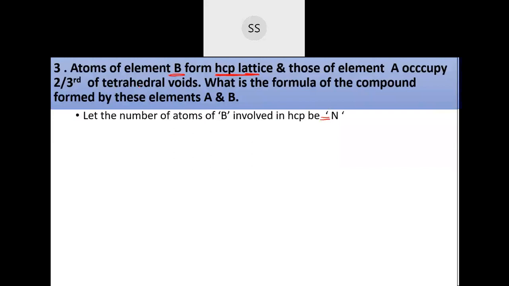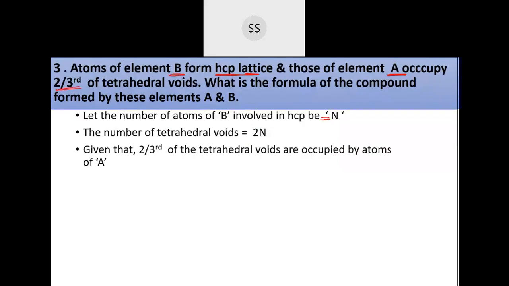And you know, if there are N atoms, how much is the tetrahedral void? The number of tetrahedral void is 2n. But now here they are saying 2/3 of it is occupied. So that means not fully 2n is occupied, only 2/3 of 2n has been occupied. What they have given you is that only 2/3 of the tetrahedral voids are being occupied by A atoms.